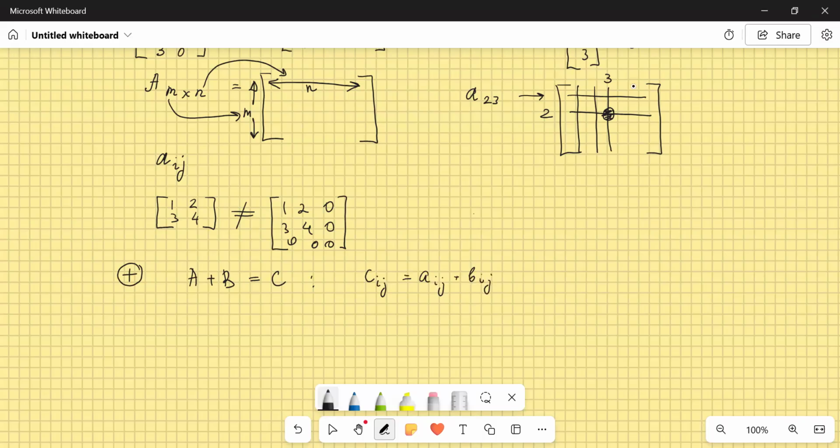So we are going to add two matrices element by element. And of course, subtraction is going to look exactly the same. If you wish to subtract, we are just going to subtract elements.